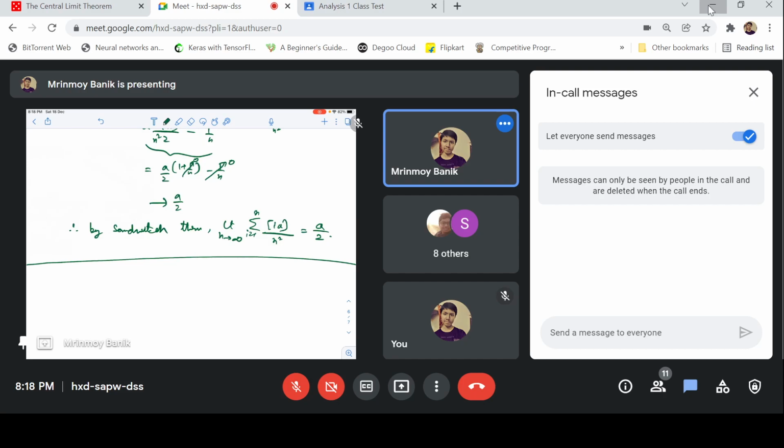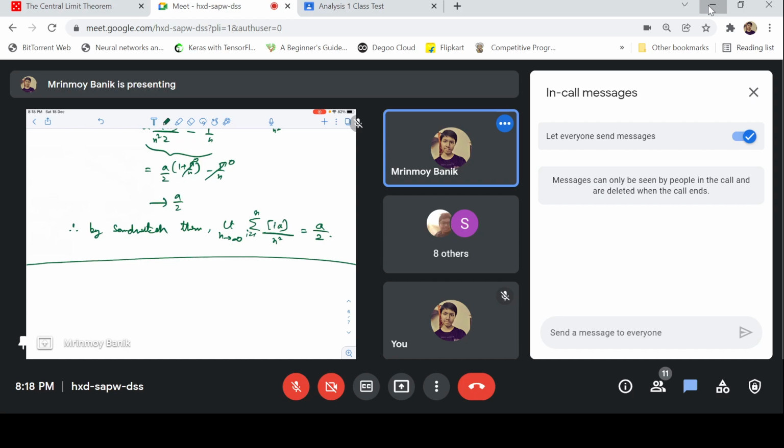Okay, so let's start with one implies two or two implies one. How to proceed?